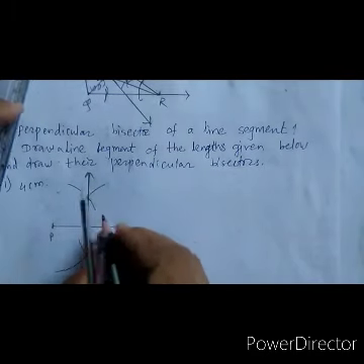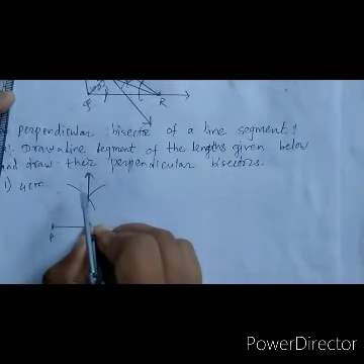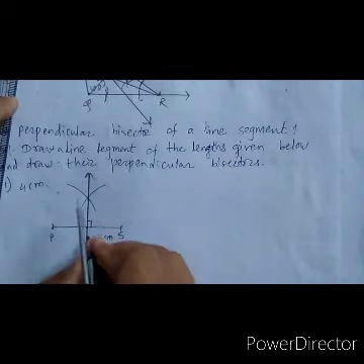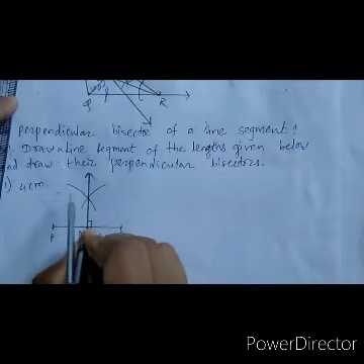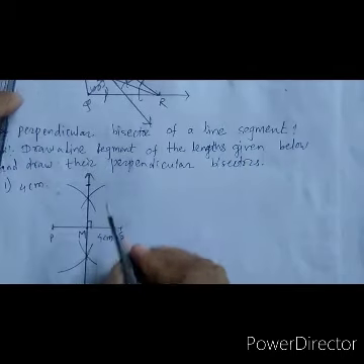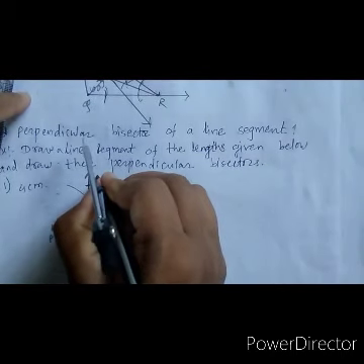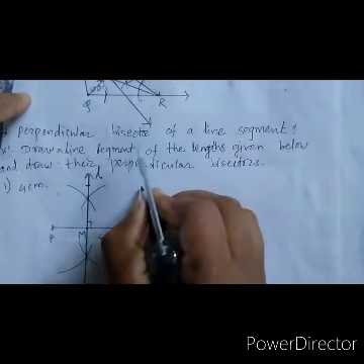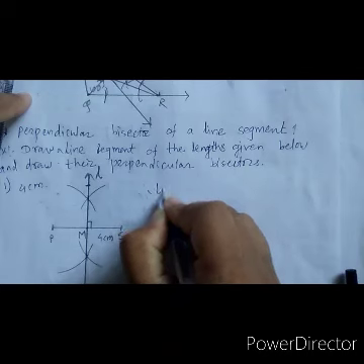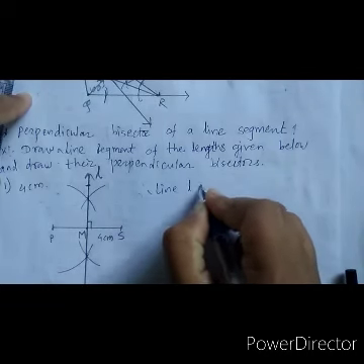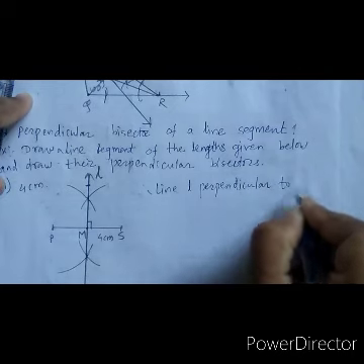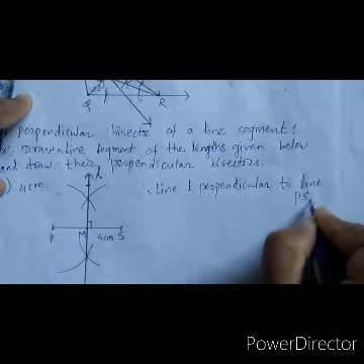Now see, this line is a perpendicular. Perpendicular means a straight line which makes at this point an angle of 90 degree. Therefore, for this point we can give the name M, and for this line we can give the name line L. So therefore here we got line L perpendicular to line PS.